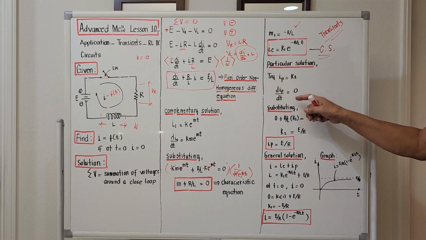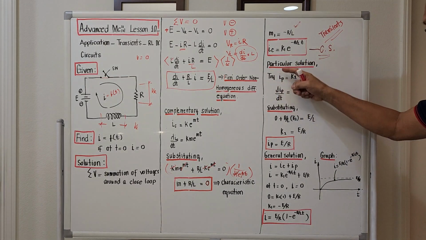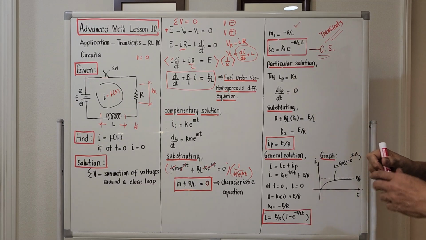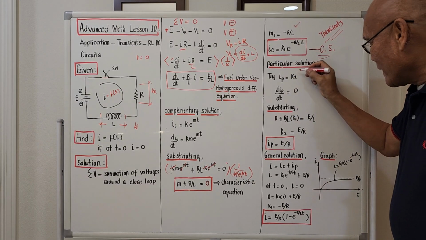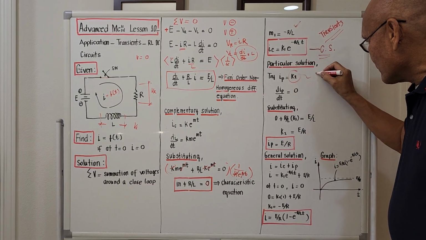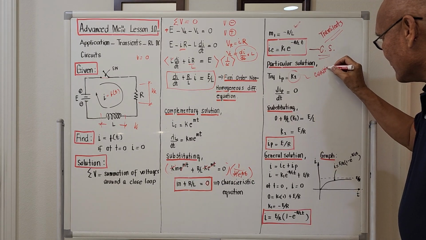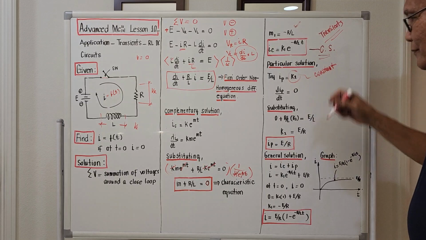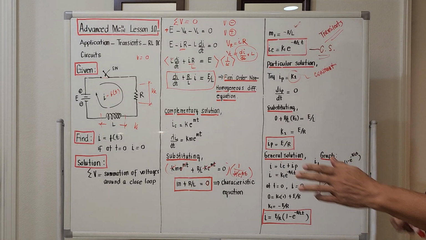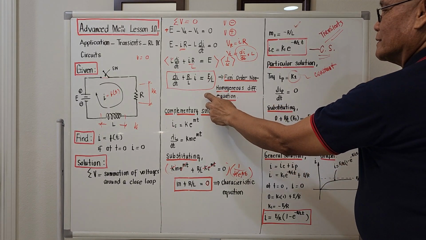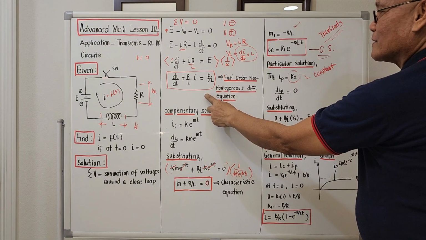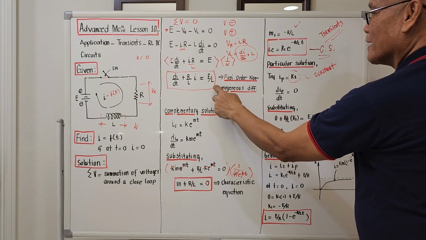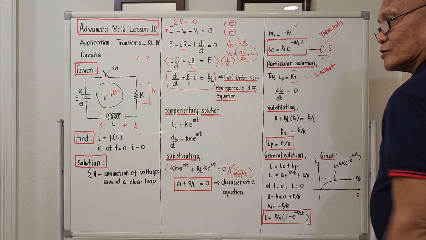For the particular solution, I will try I particular equal to K2. Why K2? K2 is supposed to be a constant, right? Why do I assume that the particular solution is simply K2? Because in the resulting first order non-homogeneous differential equation, the ratio E over L is just constant.